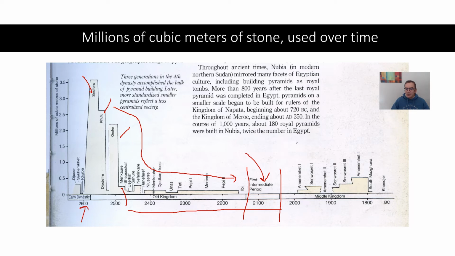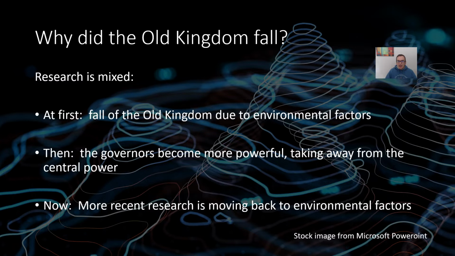Now the Middle Kingdom starts, which we haven't talked about yet, and then they start to build slightly larger buildings. But this is the drop-off that I was talking about into the First Intermediate Period, where you've got a loss of central power and the rise of these nomarchs, and then other problems that are happening, probably due to weather.